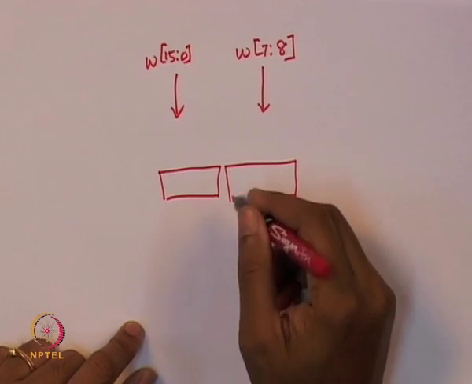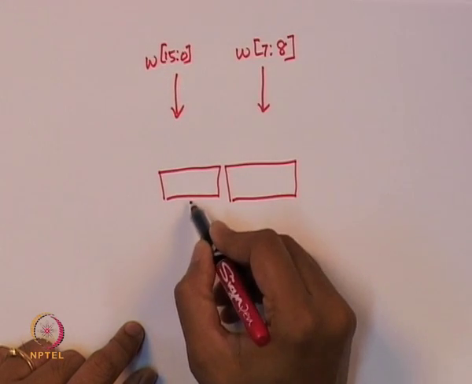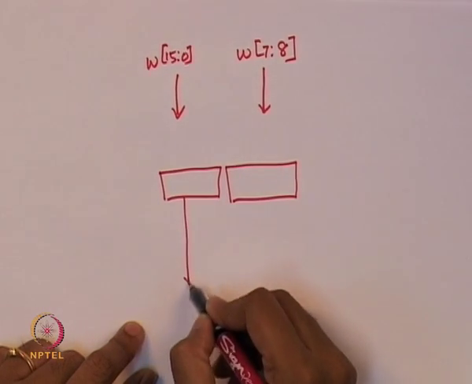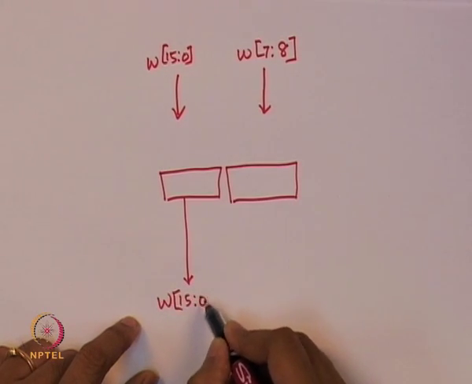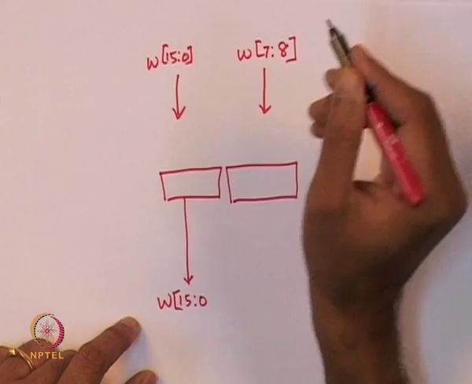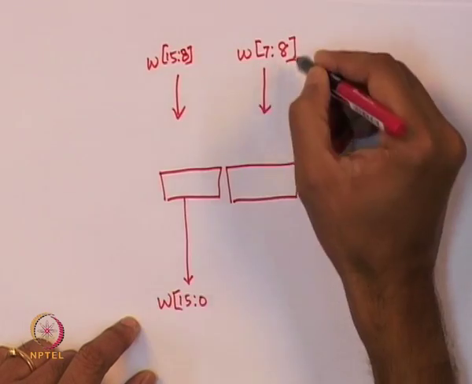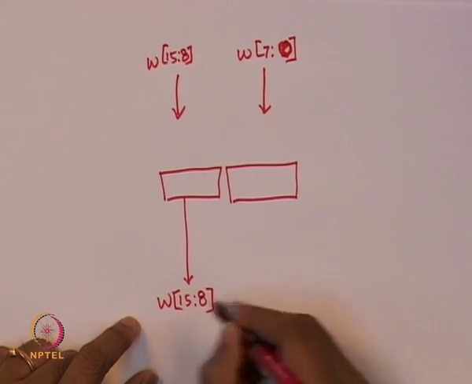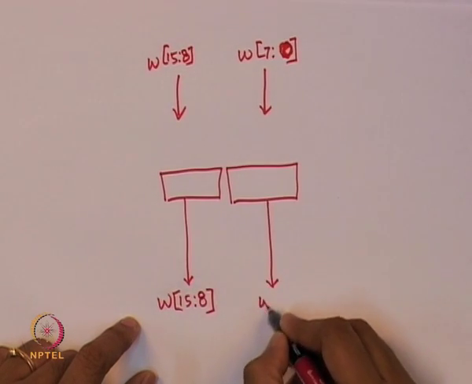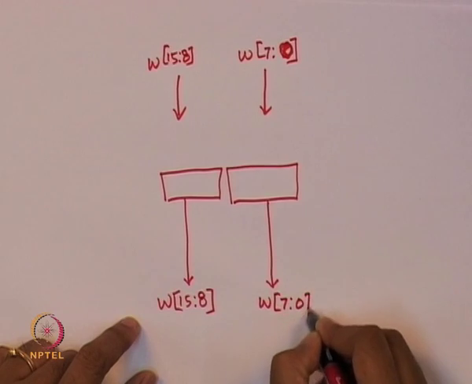So at every passage of clock, this is my actual projected output. Oh I am sorry, this is supposed to be 15 colon 8 and this is the projected output 7 colon 0.